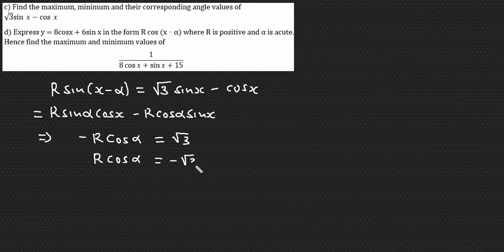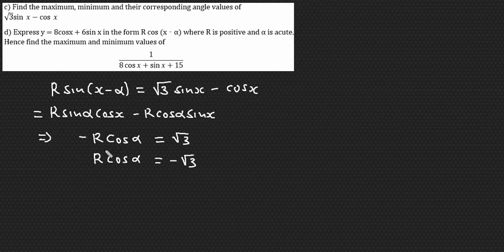Now sine x has got a coefficient of negative R cos alpha. So negative R cos alpha is equal to root 3, or R cos alpha is negative root 3.